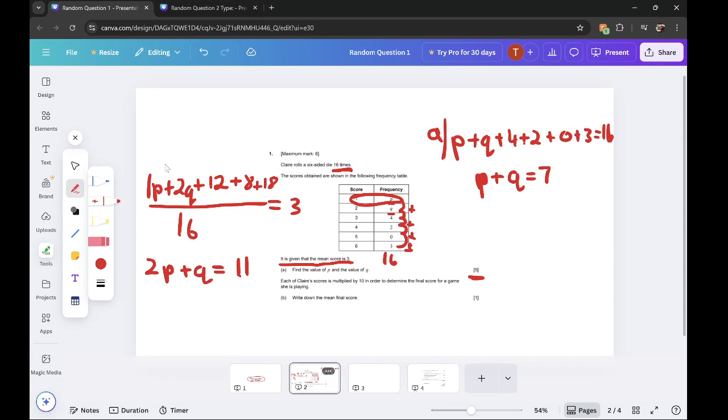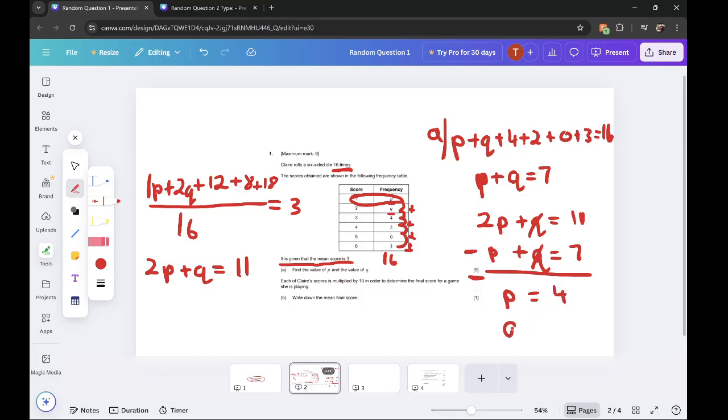Now we have the two equations we wanted, so we do simultaneous equations. 2P plus Q is equal to 11, P plus Q is equal to 7. Now we subtract, and the Qs cancel out. This becomes P is equal to 4.